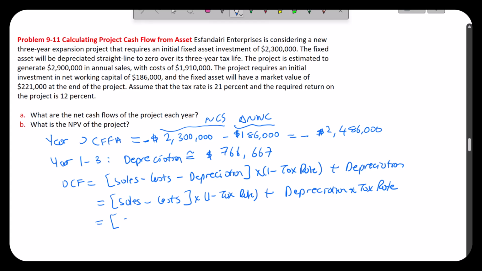Let me see. 2,900 minus 1,910 minus depreciation, times, tax rate is what, 21%, so 0.79, plus the depreciation. And I'm going to calculate this on my phone calculator.